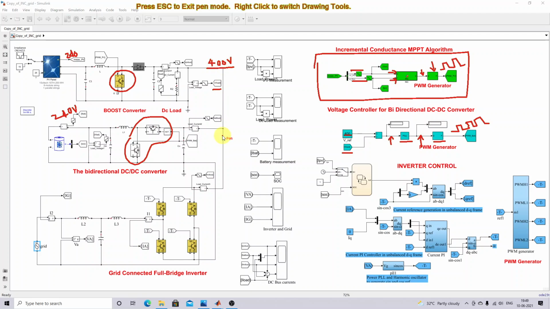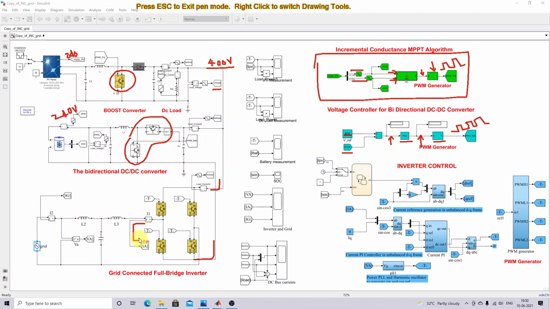Okay, so next you have to see the inverter control. This is a single phase inverter, which is connected to the DC bus. Okay, so here we are going to apply the current control method. For that we are going to measure the inverter current, the output of the inverter current.